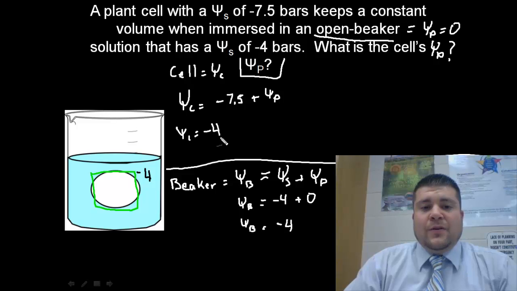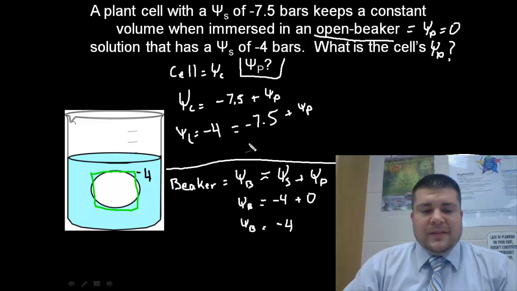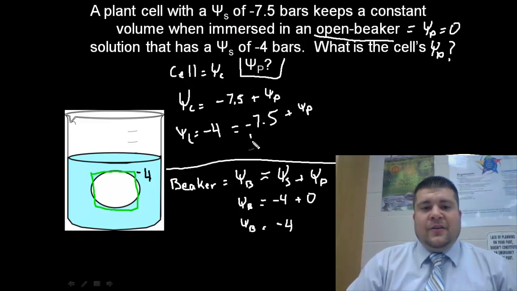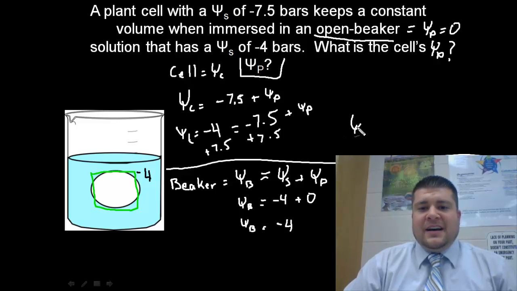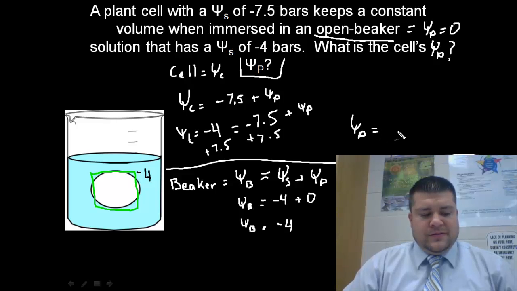And so that's going to be negative 4. And so if our psi C is negative 4, we can make that equation balance to negative 7.5 plus the psi P. And so if I add over the 7.5, plus 7.5, I'm going to get a psi p equal to 3.5.